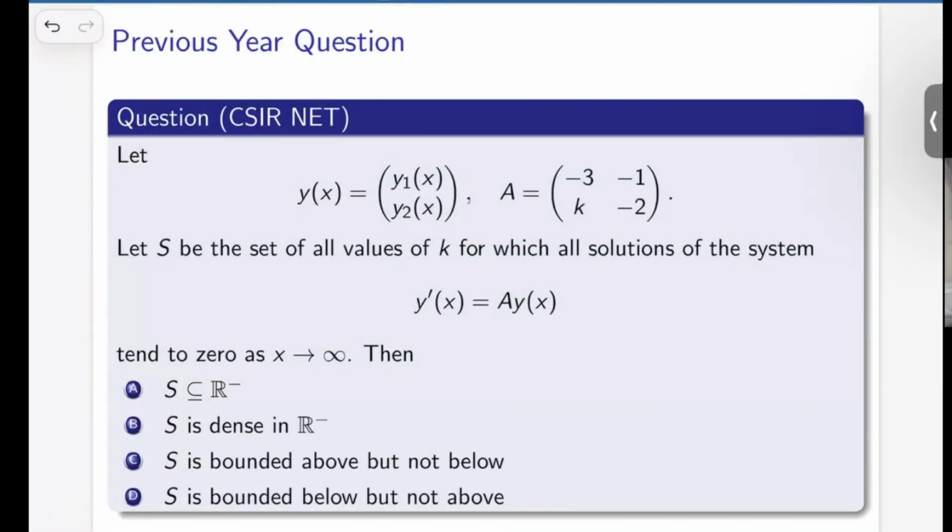Now let's go back. Now let's see this question.